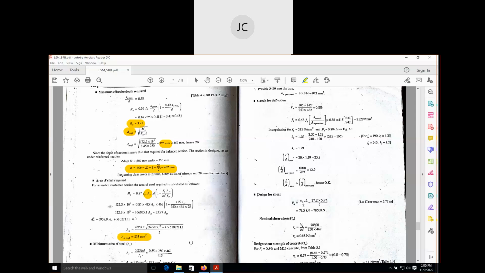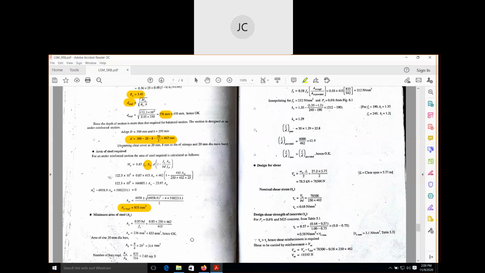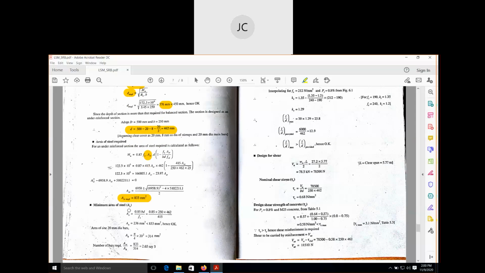Then we have to see the minimum area of steel by this equation. Just like the previous problem, we have to check the minimum area of steel. As equal to 0.85 bd by fy. We have got that the minimum area of steel required is 236 and we are providing 833.